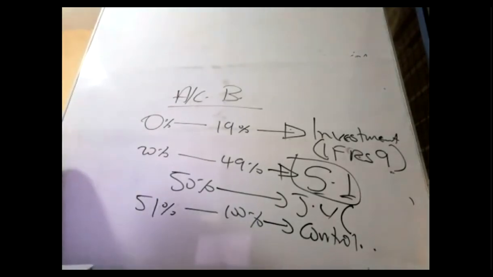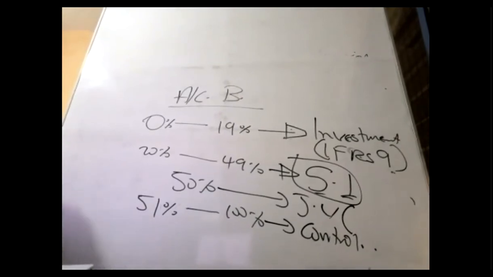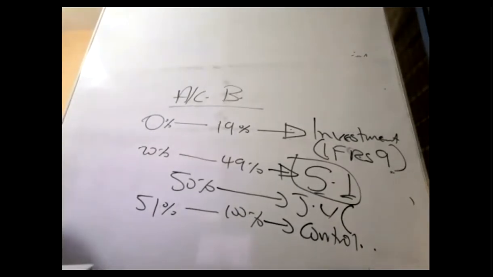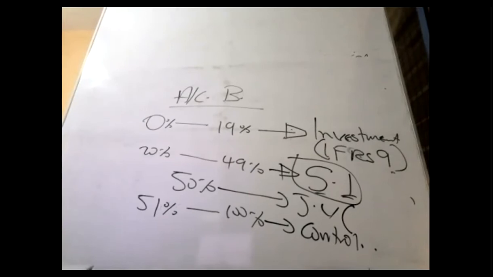So now let me go to associate. I was about to define associate. An associate is an entity over which the investor has significant influence, and that is not a subsidiary or a joint venture.